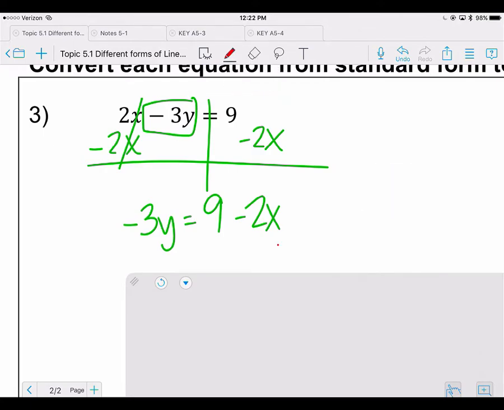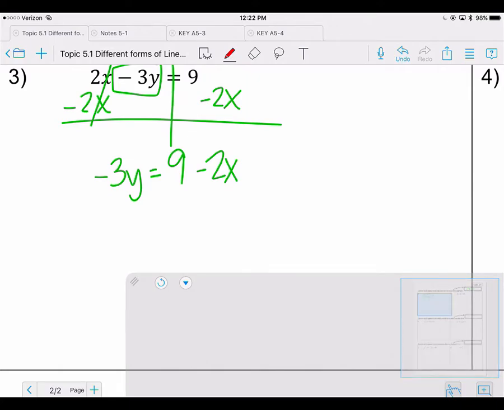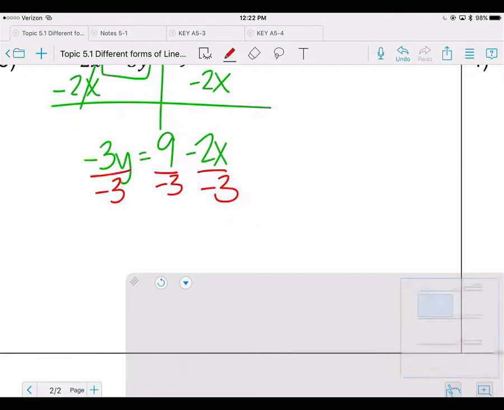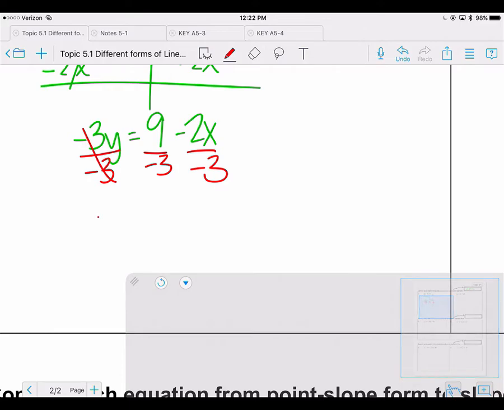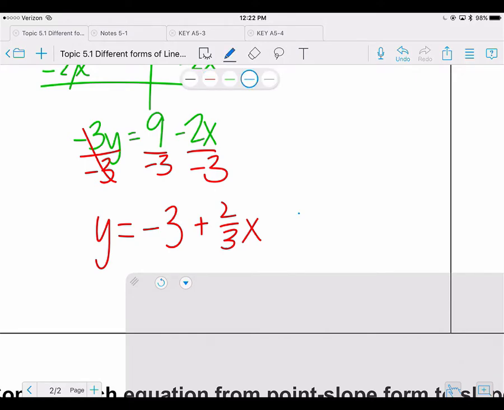Now from here, I have to divide. And when I divide by -3, because again, I'm trying to get y by itself, I have to divide every single term by -3. I divide every single piece of the right side and the left side by -3. When we divide every single piece, we get 2/3 x minus 3, or -3 plus 2/3 x.